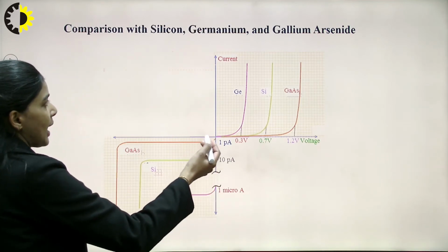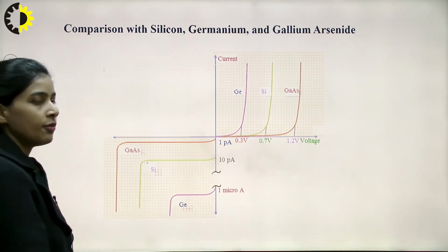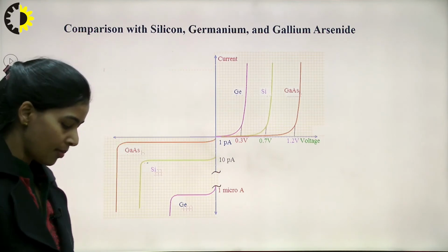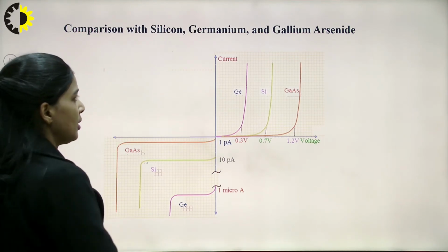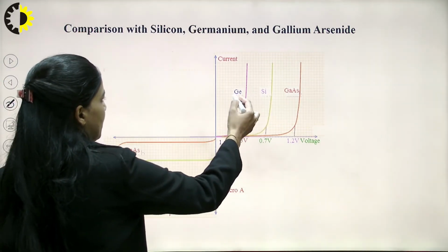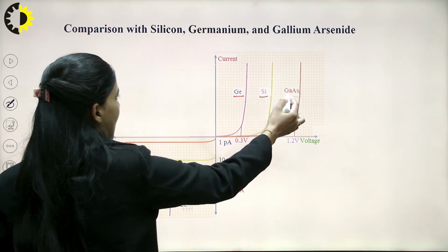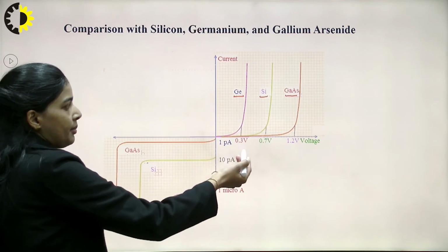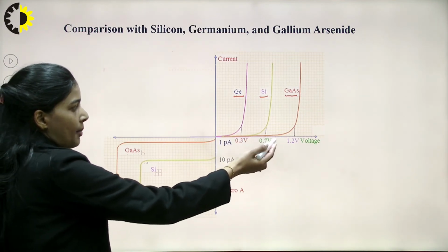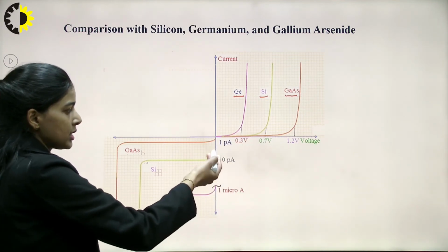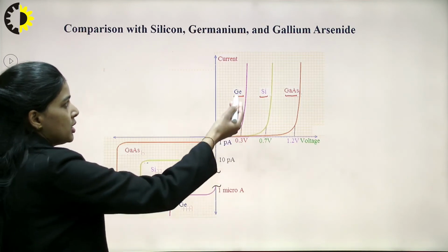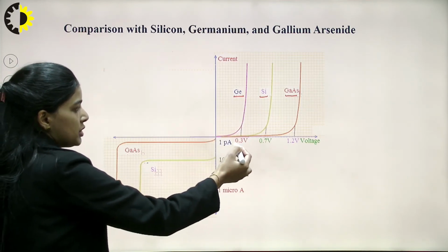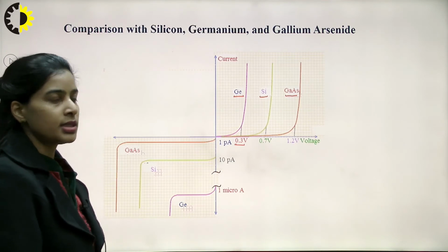These are the characteristics of different diodes made of different materials: germanium, silicon and gallium arsenide. The shape remains the same with different amounts of cut-in voltage and reverse current. For germanium we have 0.3 volts of cut-in voltage.